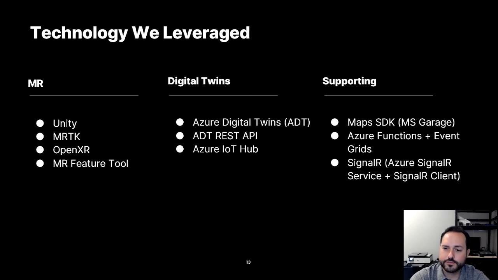And we have SignalR itself, which has two parts. One part is the Azure SignalR service, which runs on the cloud, and the other is the SignalR client, which we implemented in our app, which connects to the service to receive the stream of data.